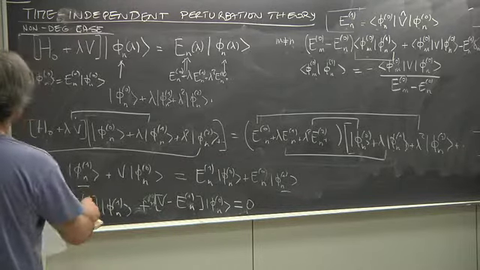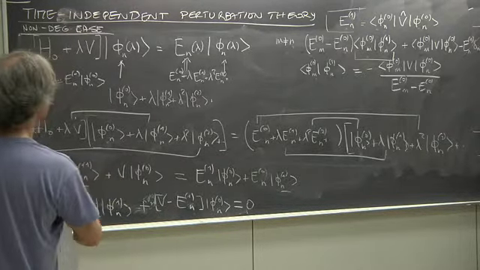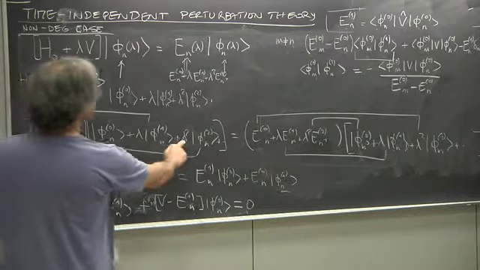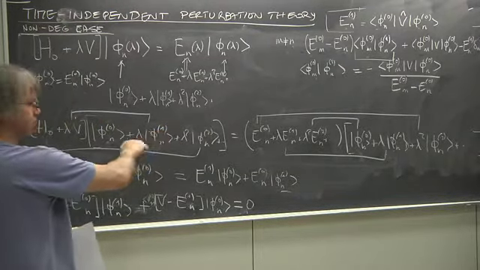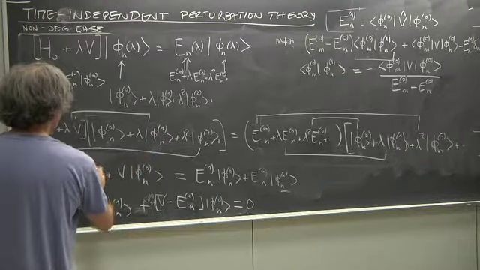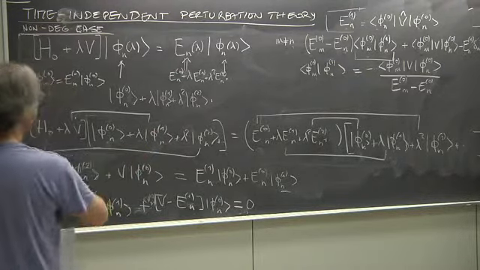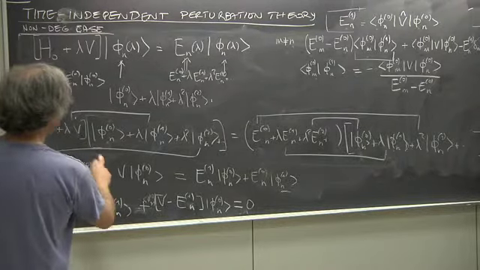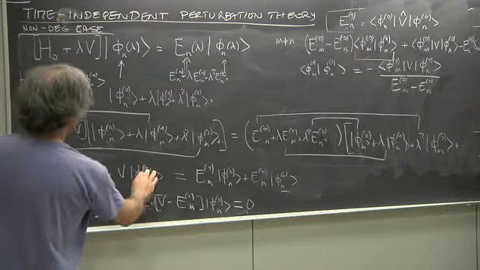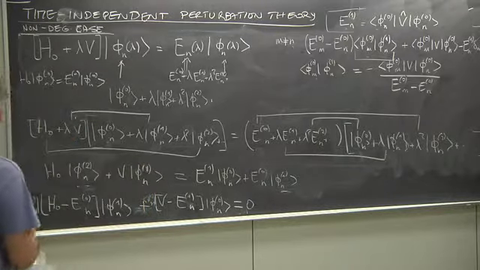So let us see those terms. I have H0 times lambda square phi 2. By the way, lambda square is everywhere, so if I write just the coefficient of lambda square, I can drop it. Then I have V times phi 1, okay?